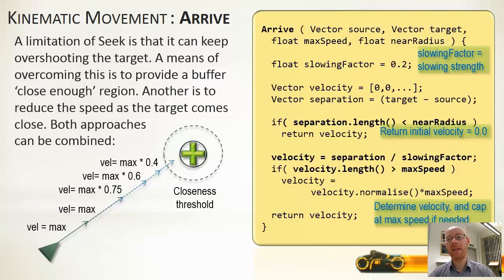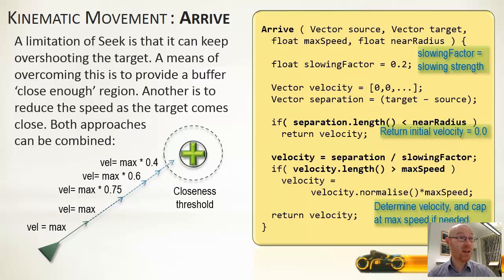So if that speed is greater than the maximum speed that we're prepared to go at, we do the normal thing. We normalize the vector, so we're retaining the same direction. Unit length, we multiply that, we scale it up then by the maximum speed. And finally at the end, that's what we return. Reasonably straightforward, but also reasonably effective in terms of how it operates.